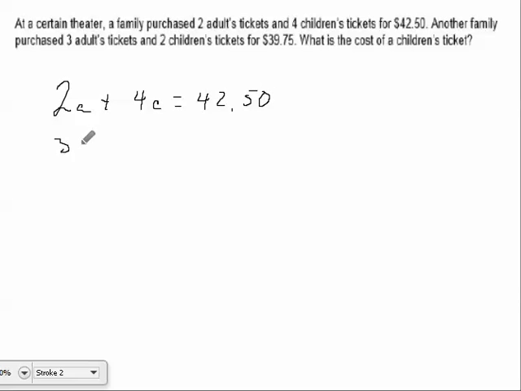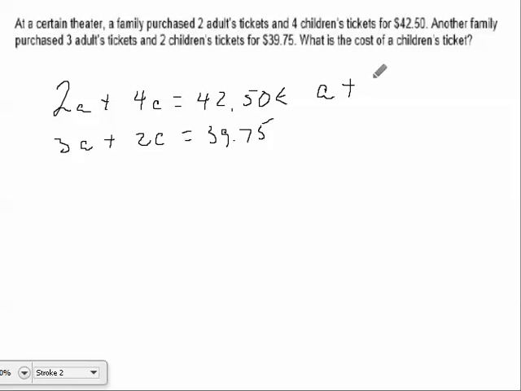And 3 adults plus 2 children equals 39.75. We're wanting to find the children's ticket. So let's solve this first one for A.